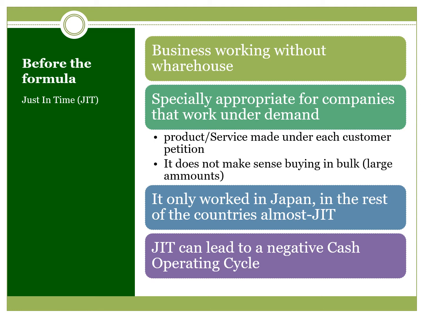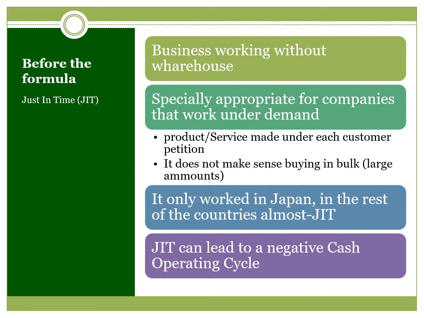This system has only worked in Japan because this is the only country in the world in which if they tell you that you will receive something at a particular moment in time, they tell you will receive this tomorrow morning 9 a.m., you're really going to get it tomorrow morning 9 a.m. The rest of the countries around the world are applying an almost just in time, which means they have a very, very small warehouse that allows them to start working until they receive whatever they need in order to finish the product or service.